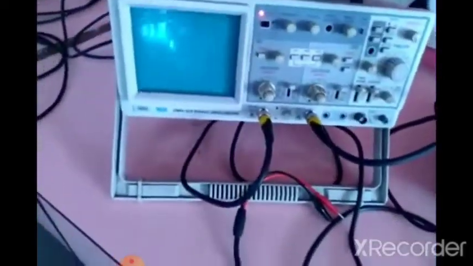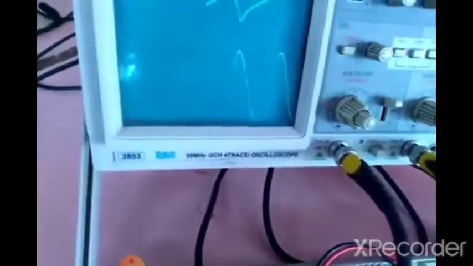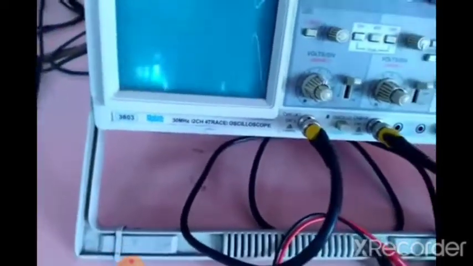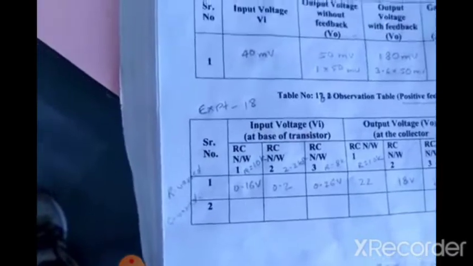Now I have to calculate the input voltage. So input voltage is given as 1.2 into 0.2, that is 0.24 volt. I have already calculated the observation table, here we will get the different outputs. When I calculated earlier, I got 0.16 volt as the input voltage, and I received 22 volt as the output voltage.